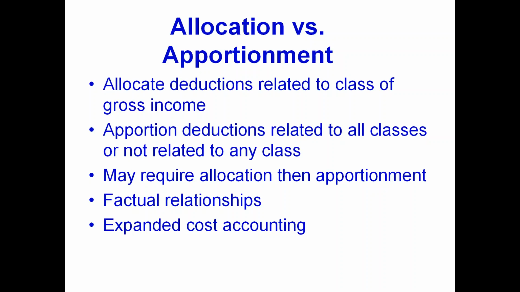So this can require tiered allocations. It can require first allocating and then apportioning. Sometimes first allocating, then apportioning, then allocating what got apportioned. So it can be very complex. Sometimes it's pretty simple for a particular deduction. Sometimes it's not.